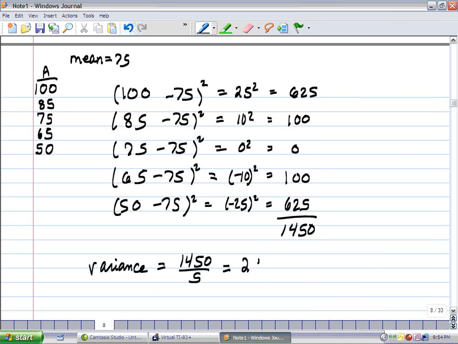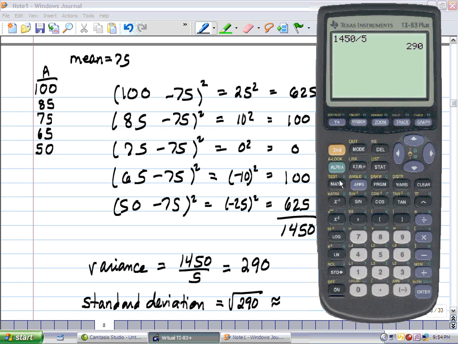The problem is the variance is in square units. So the variance is 290 square points. It doesn't make any sense. So that's why we take the square root to get back to standard deviation.